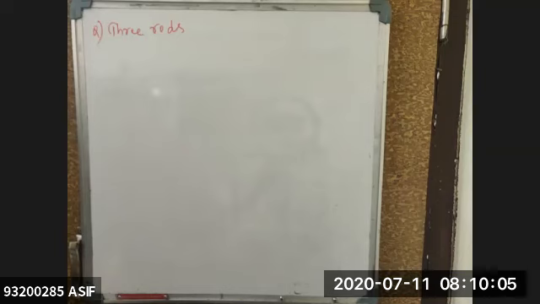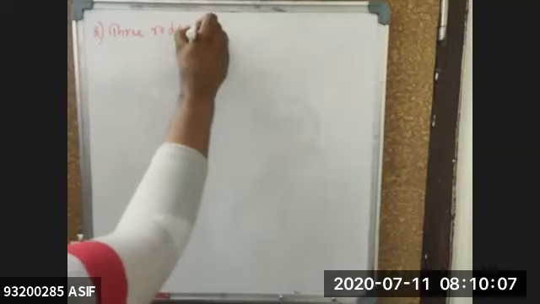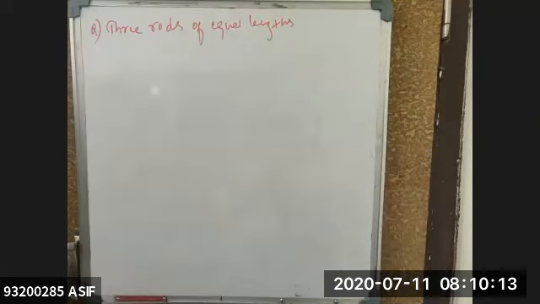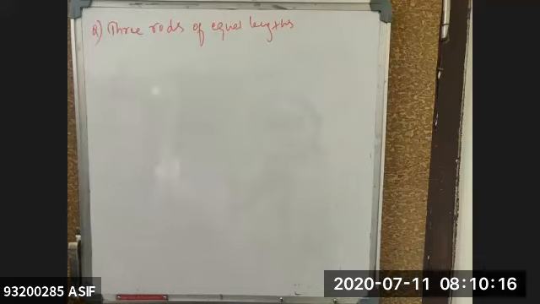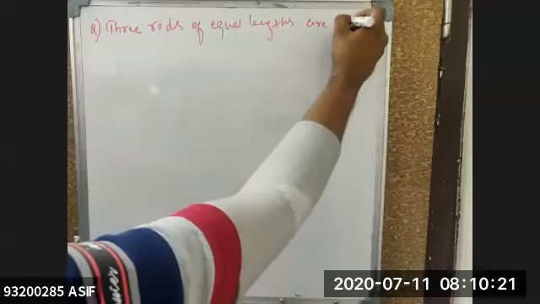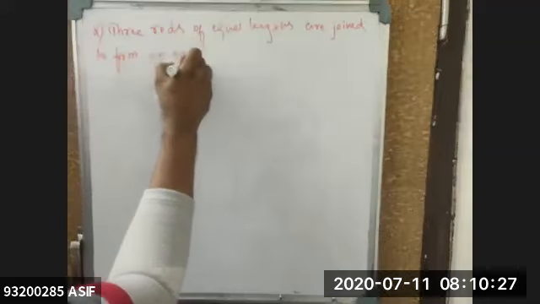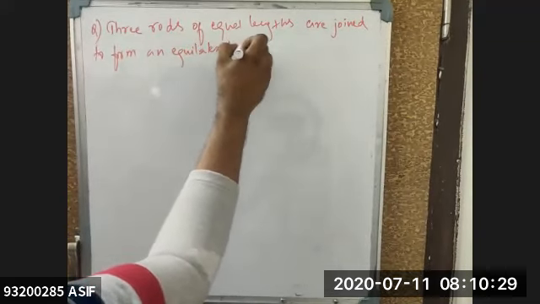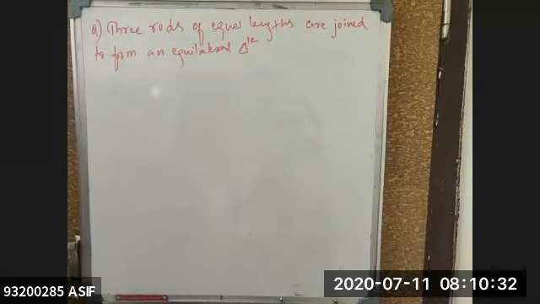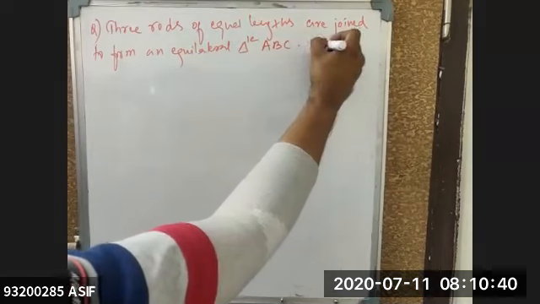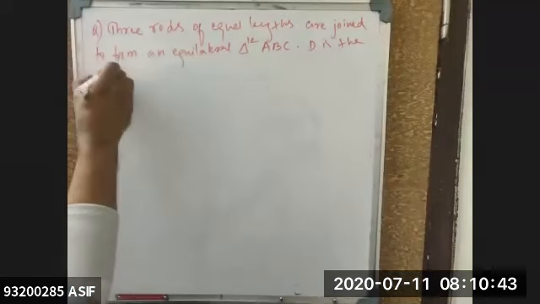Read this question, beta. Three rods of equal lengths are joined to form an equilateral triangle ABC. D is the midpoint of AB.